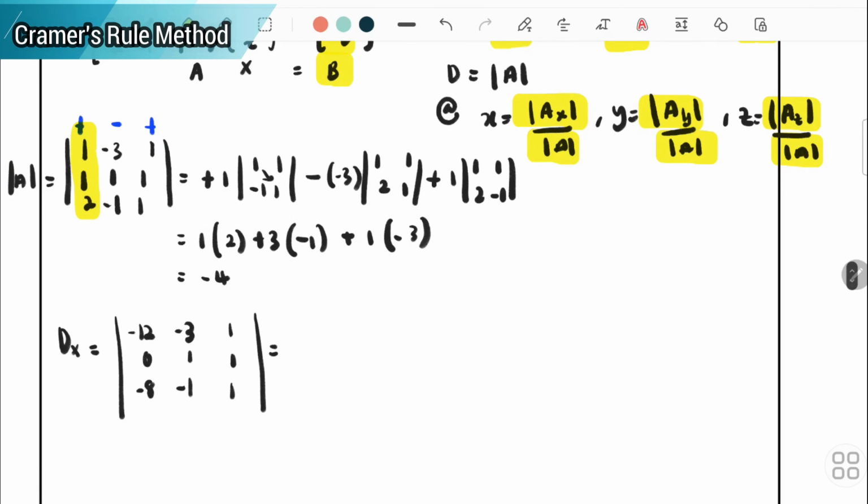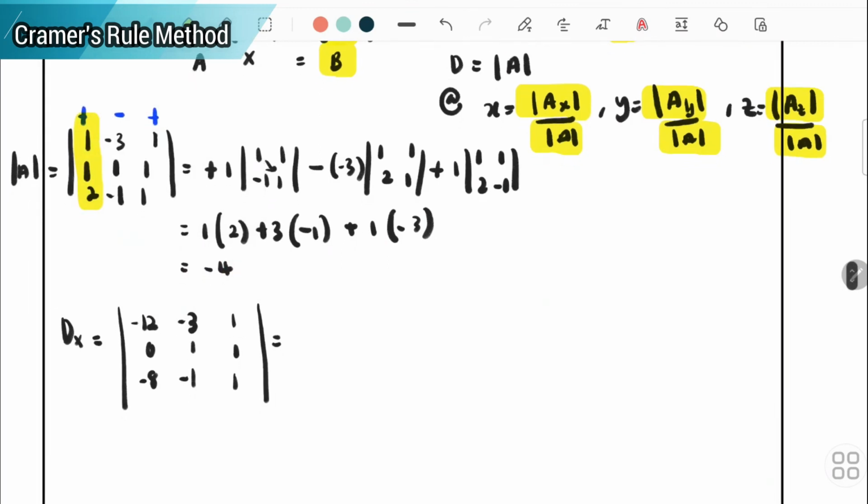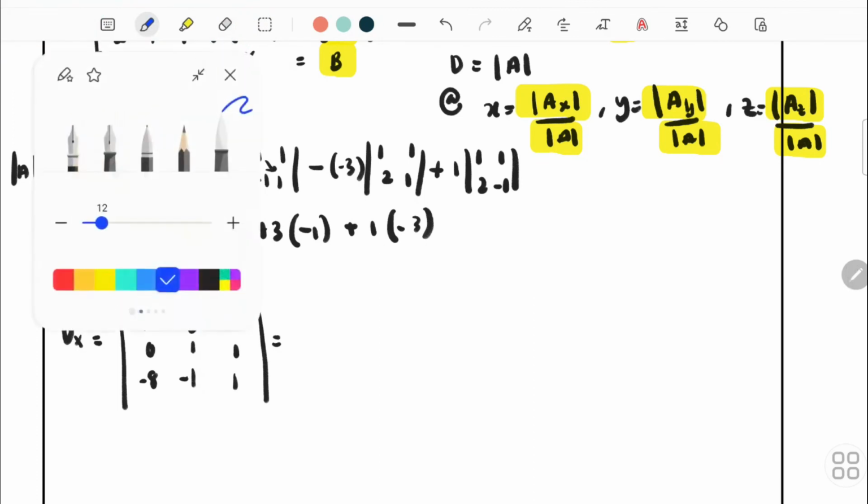determinant. So as commonly done by students, we're going to use the expansion of the first row, which is positive, negative, positive here.